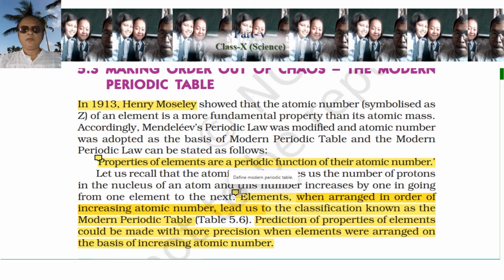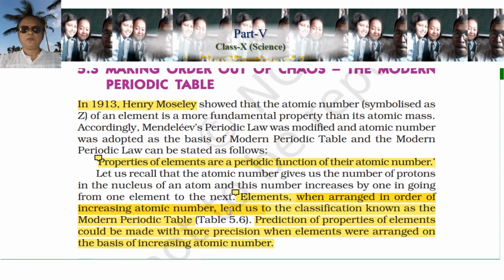If asked to define the modern periodic table, you write: elements when arranged in order of increasing atomic number lead us to the classification known as the modern periodic table.